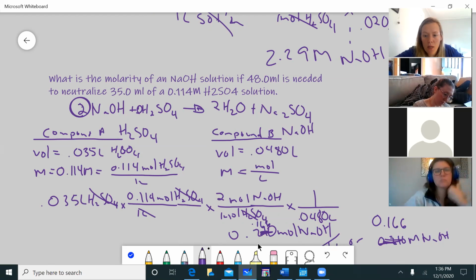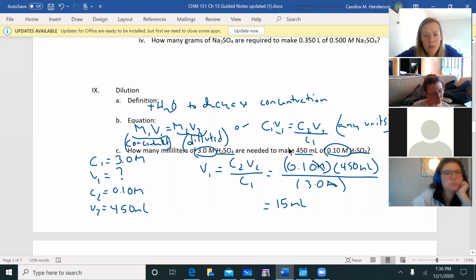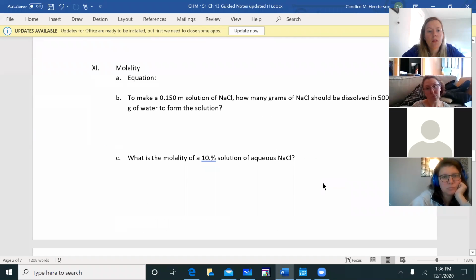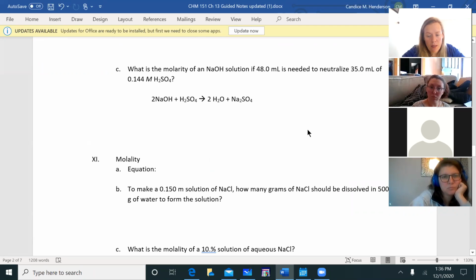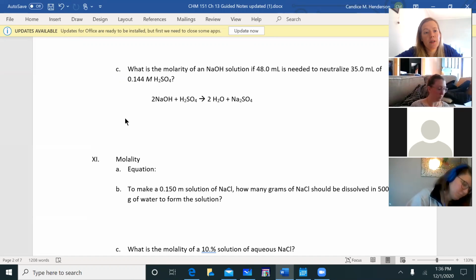Okay, so back over here. There is another way that we can express concentration, and it's in something called molality. Now, molality is a little bit different, and it's sort of this lowercase cursive m.